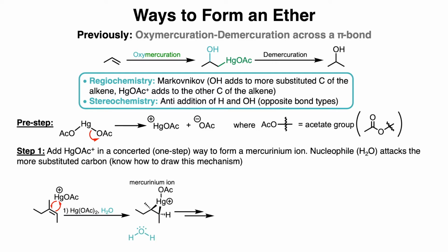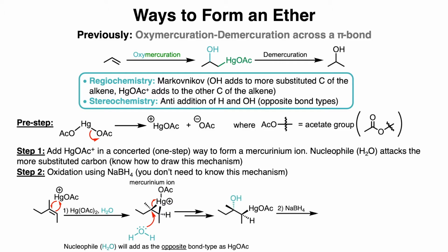Then our nucleophile, water, attacks the more substituted carbon and adds as the opposite bond type as HgOAc, and then the carbon-mercury bond breaks to form a lone pair on Hg. Once the alcohol group is added to the more substituted carbon, then sodium borohydride is used to undergo demercuration to form the following product, plus its enantiomer.